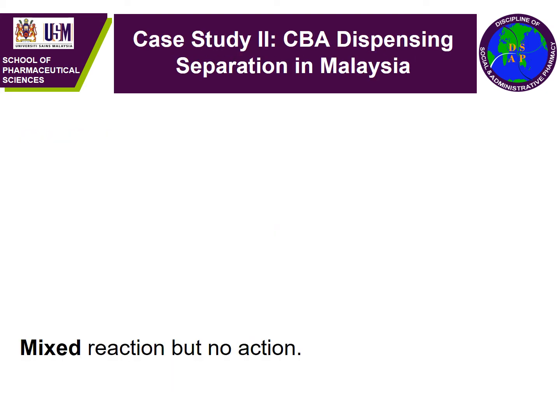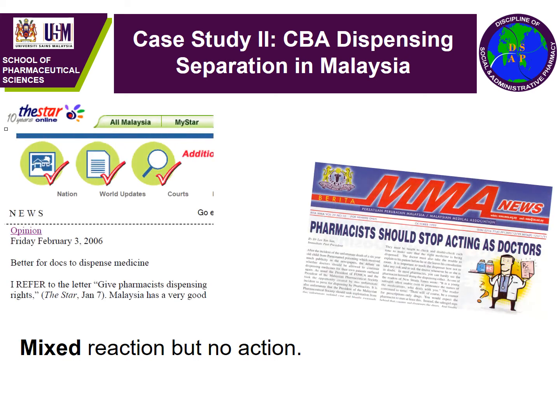Another study was done in Malaysia looking into a choice problem, where they used economic evaluations to study the choice of a policy change, in other words, dispensing separation in Malaysia.